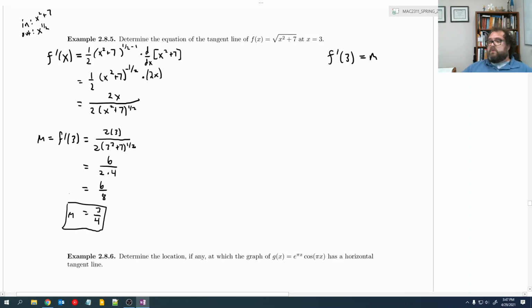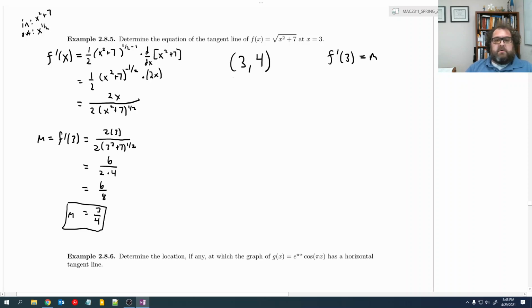Once you have your slope, we just need a point now. If we have x equals 3, then what's the point? So we have 3 comma what? Now remember, you go back to the original function to find this y value. If you plug in a 3, you get 3 squared is 9, plus 7 is 16, so 4. We have a point 3 comma 4.